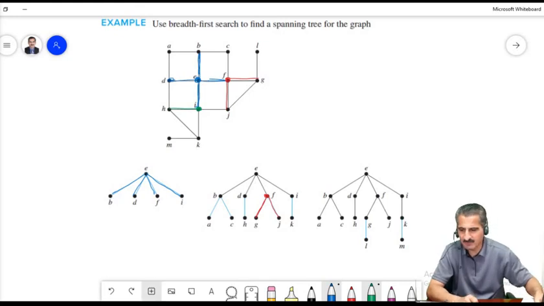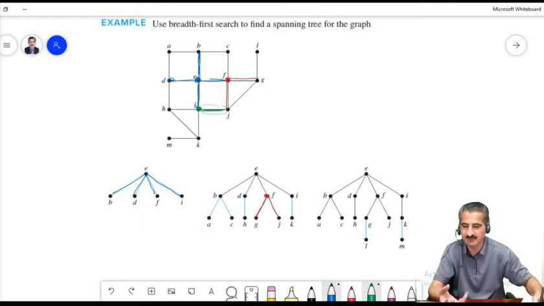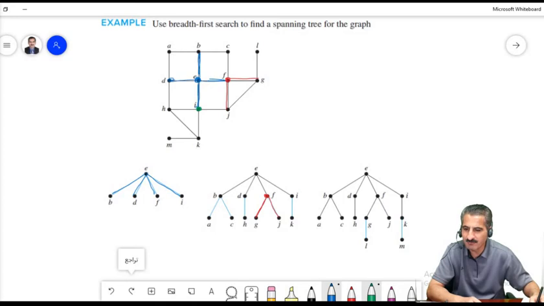Let's follow what the book is doing here. Notice we cannot go from I to G, because if we do so, then we form a circuit, and this is not allowed because that will not be a tree anymore. We could go from I to K and to H, but the book here chose to go to K only.